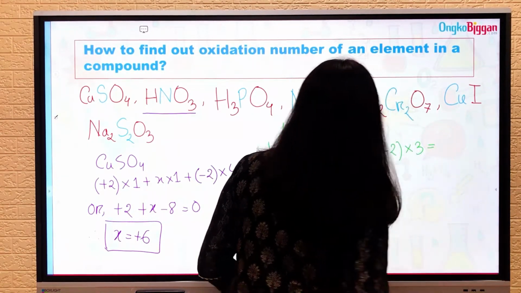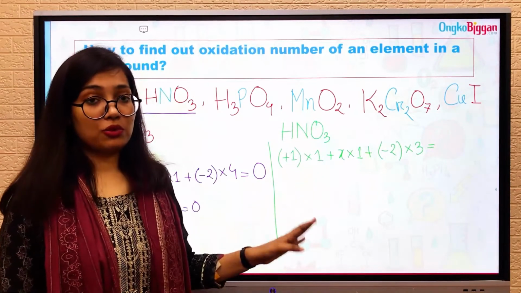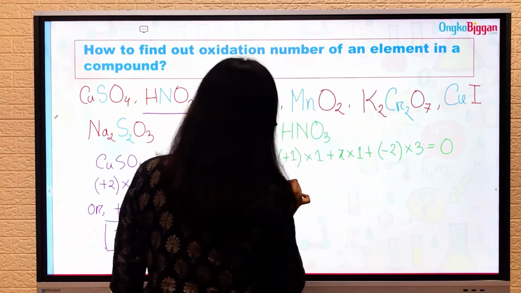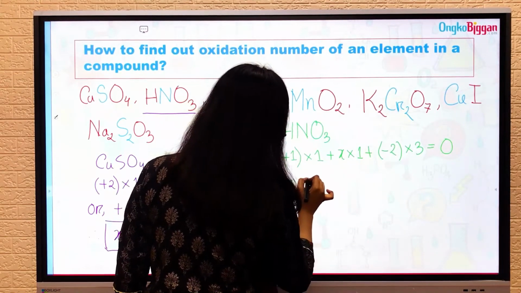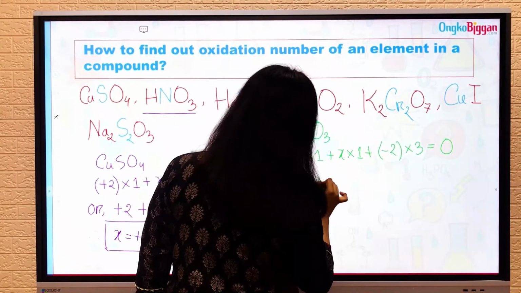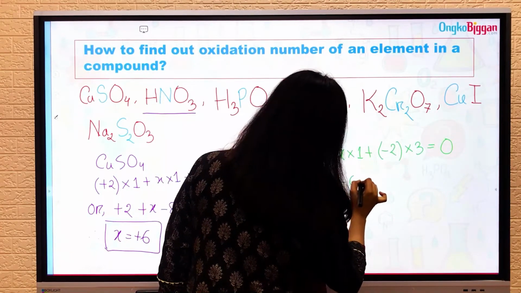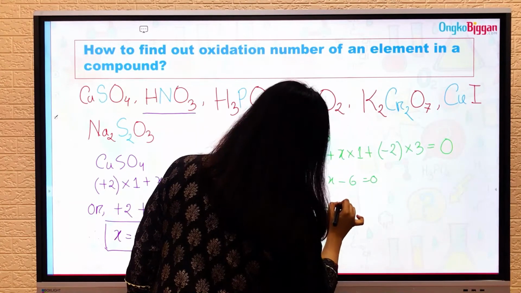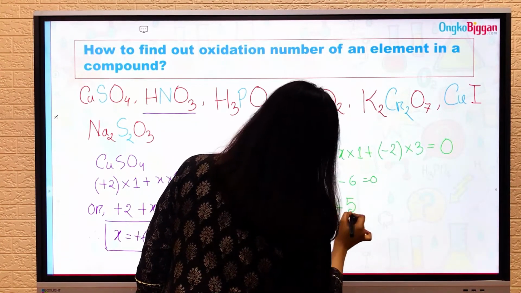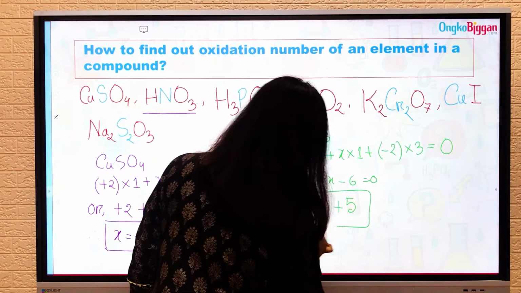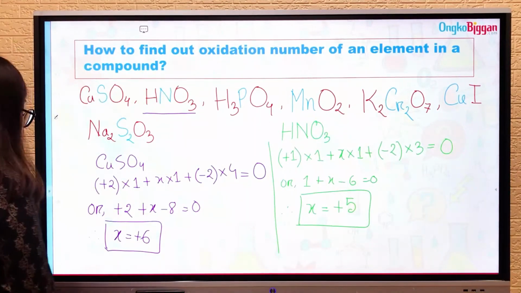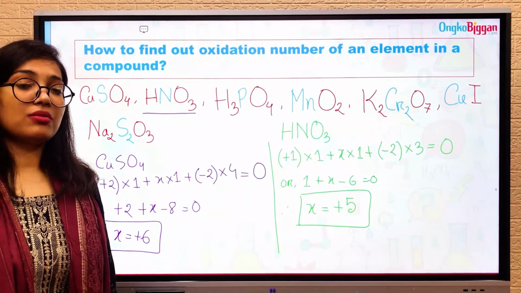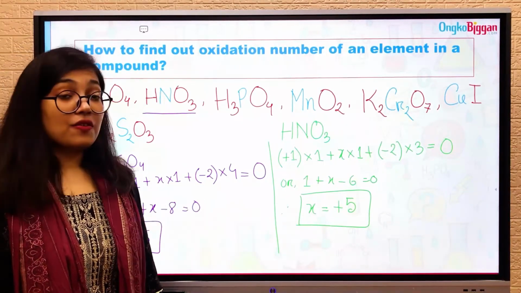The net charge of this compound would be 0. So 1 plus X minus 6 equals 0. So in nitric acid, the oxidation number of nitrogen is +5.